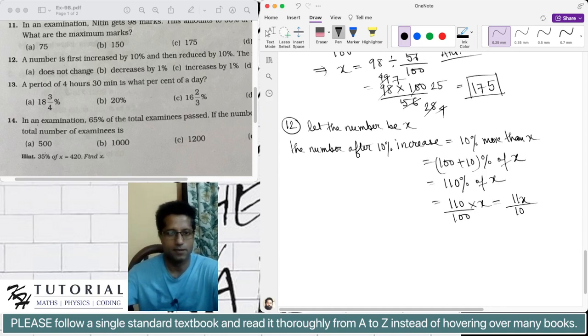Now it is said that it is then reduced by 10%. After the 10% increase, it is reduced by 10%. Now this time, remember, the reduction of 10% is based on 11X by 10, not the original number.